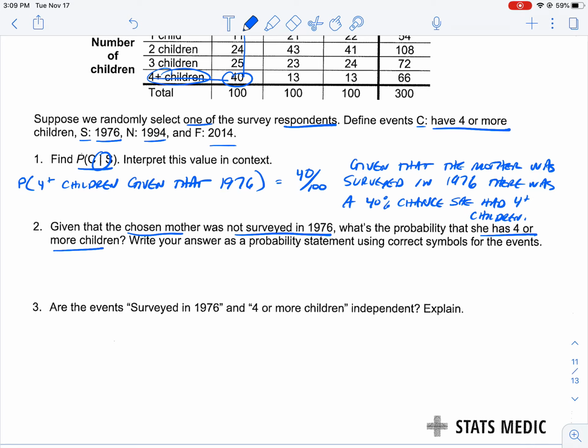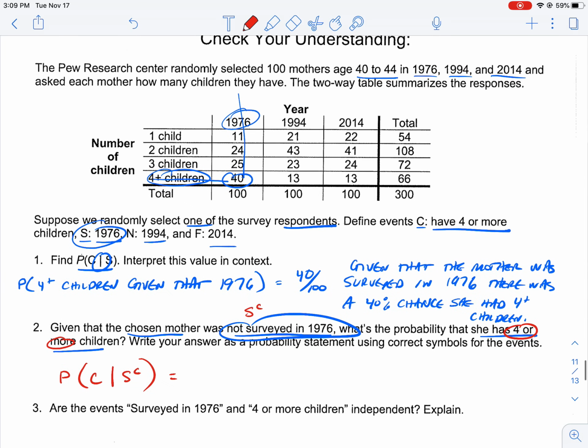So not in 1976, if S is 1976, would be S sub C. So given that S sub C, and we still are measuring that 4 or more children, so that was going to be C. So this is the probability of C, given that S complement, is going to be equal to, 4 plus children. So I'm following this row here. And it's not this row, but it's everything else. So that's going to be 1994 or 2014.